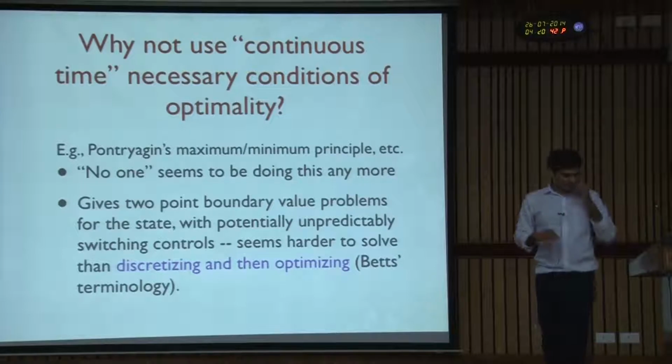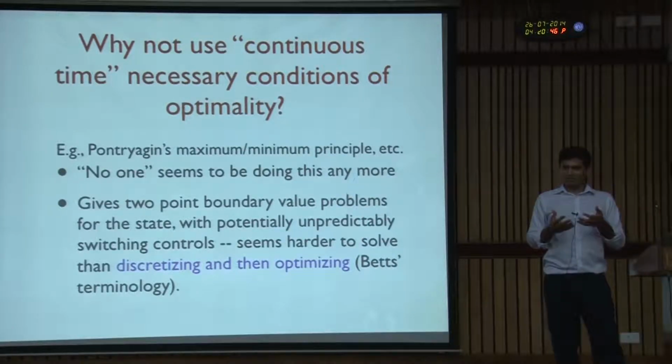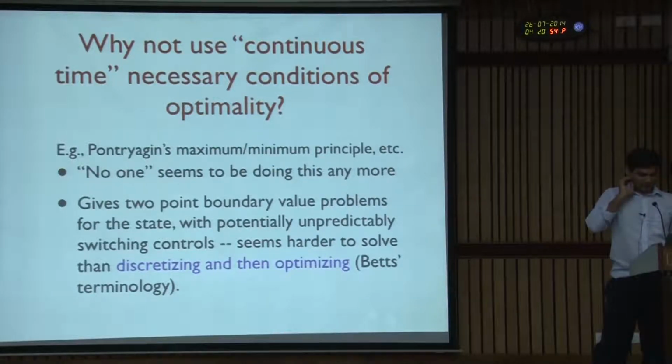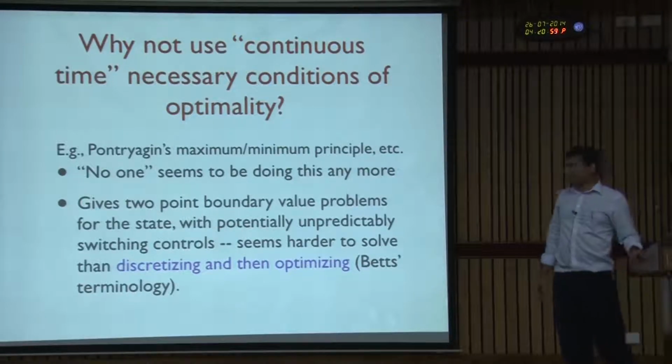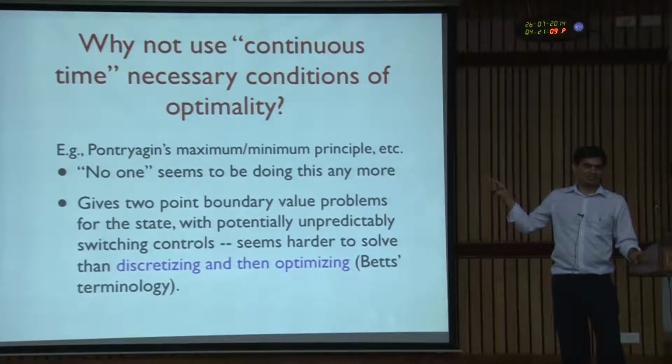Many of you are probably familiar with the Euler-Lagrange equations for the minimization of a function of functions, which appears in various mechanics fields. Essentially you have the integral of some function of, let's say, x and x dot and t, dt.